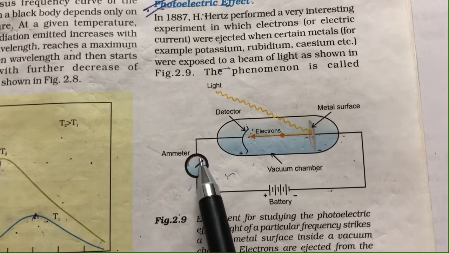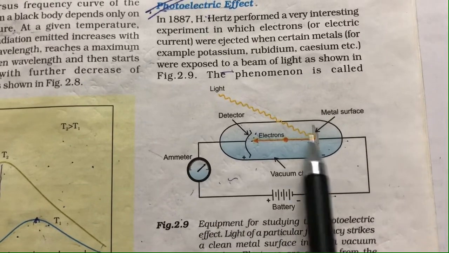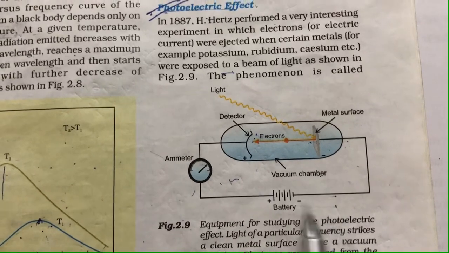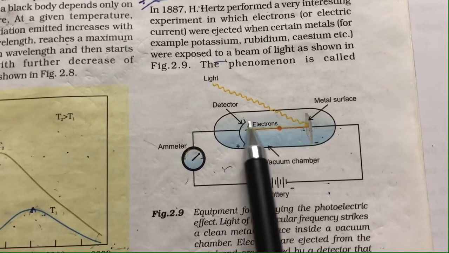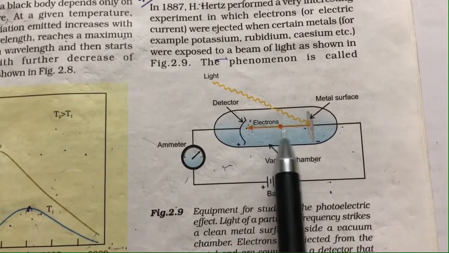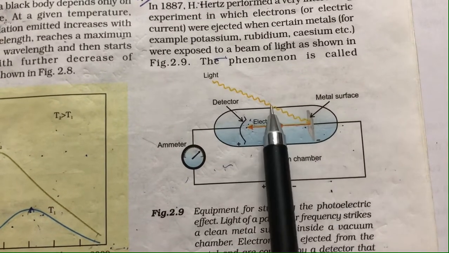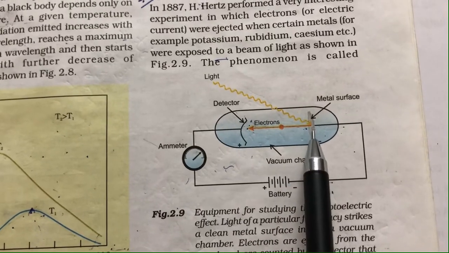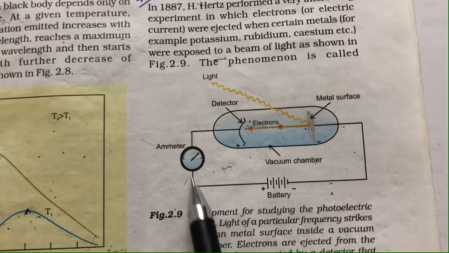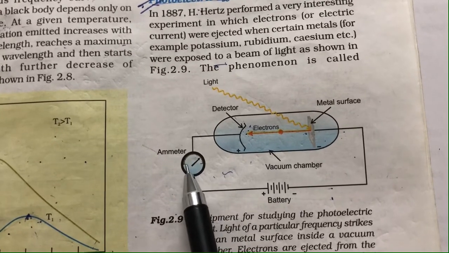And this deflection in the ammeter indicates the flow of electric current through this setup. As you can see here, the circuit is open, so how can we say that there is a flow of current? From here the idea is that there is emission of electrons with which the circuit gets completed, and we can see deflection in the ammeter.